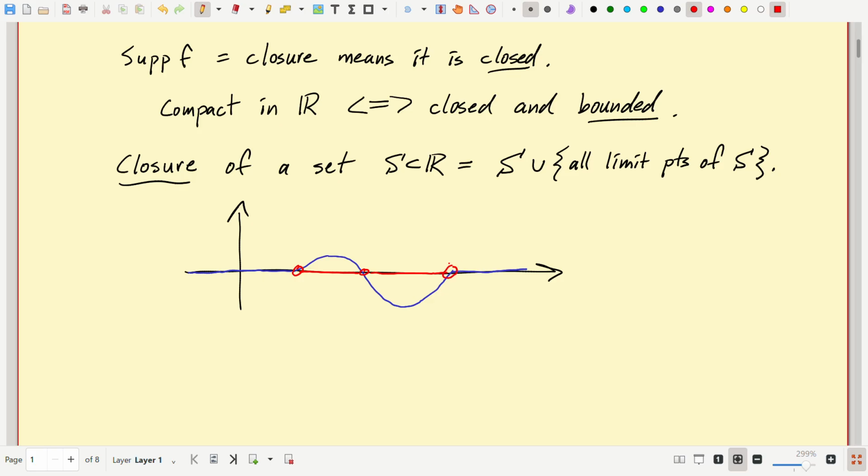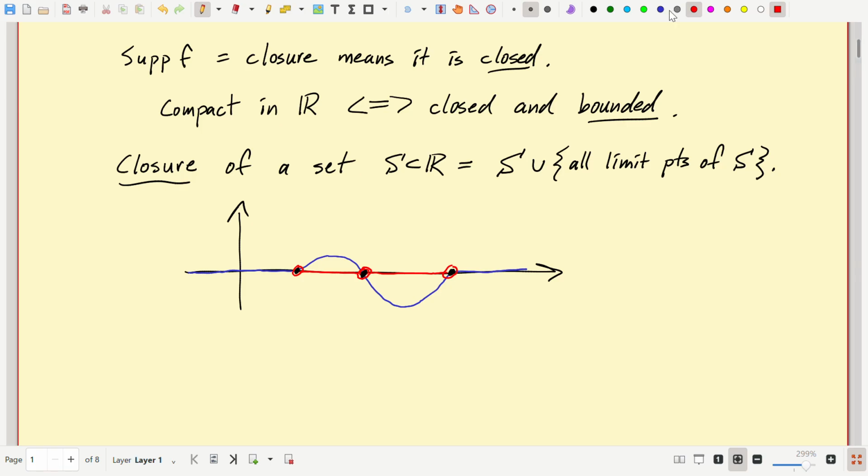But when you take the closure, you'd fill in those holes. So the support would be that red stuff, and throwing in the closure would throw in the holes. The fact that that's bounded basically means compact support.